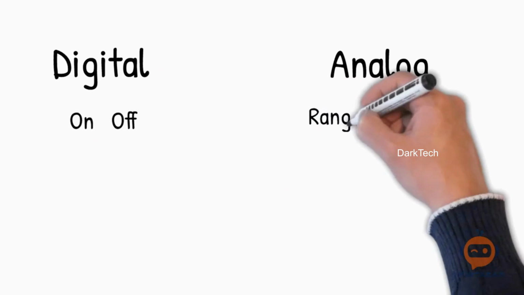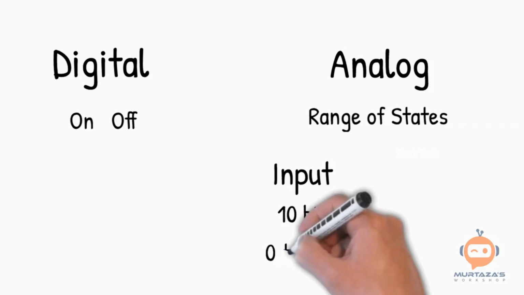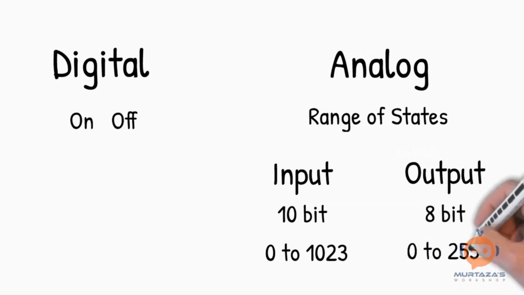Digital signals have 2 states, whereas analog signal has a range of states. For analog input, the Arduino uses a 10-bit value, which ranges from 0 to 1023, and for analog output, it uses an 8-bit value, which ranges from 0 to 255.